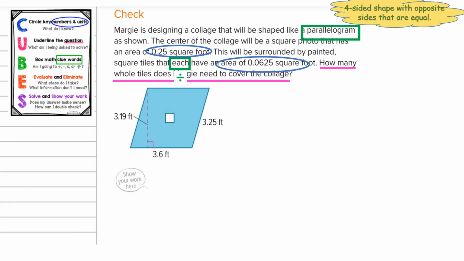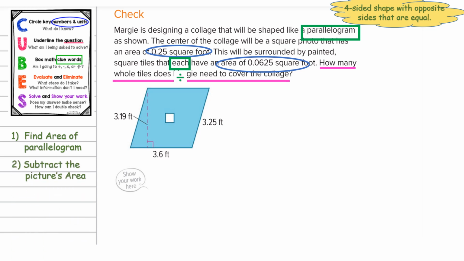So if I know the information in the problem, now I need to locate the information that I'm going to be doing. So now I evaluate the process that I need to do. I know I need to find the area of the blue parallelogram. But then they tell me, well, that little white square, that's got to be taken out, right? Because that's not going to be covered by the blue tiles. It's going to be where a photo is.